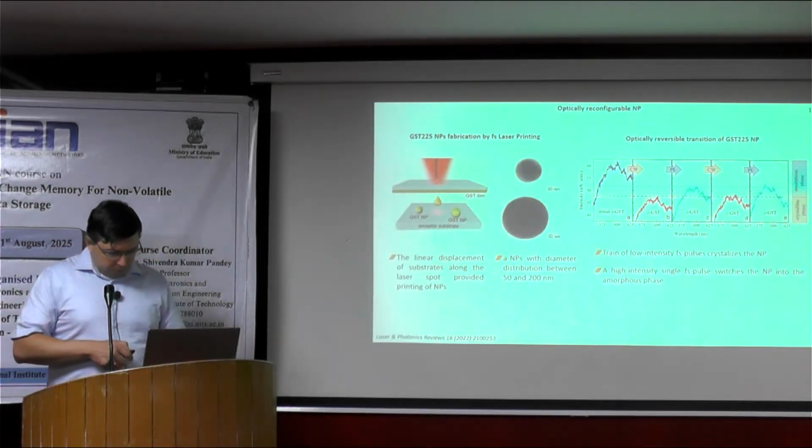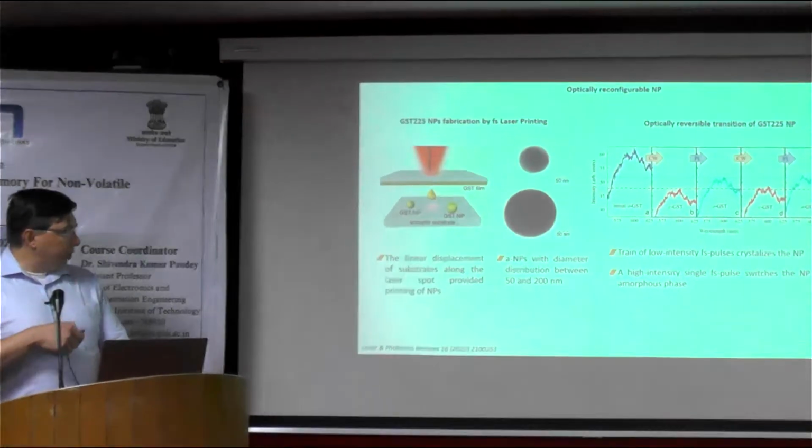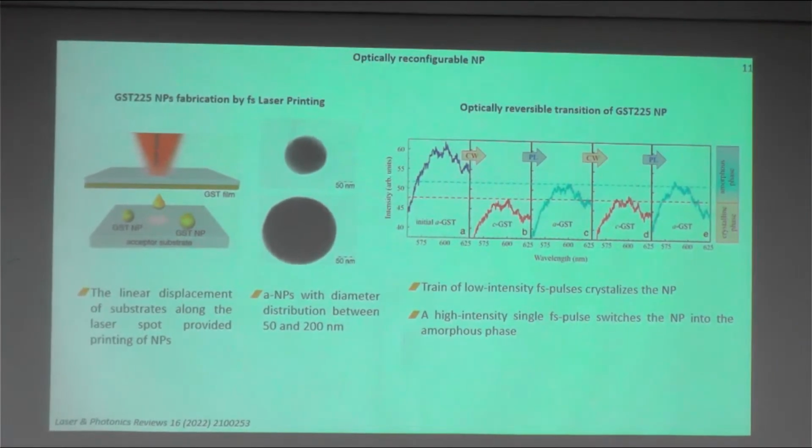There is also a report on the production of GST nanoparticles by so-called femtosecond laser printing. This is a very interesting method. It's based on a femtosecond laser, and here you have a substrate and thin film, and you irradiate your substrate from the backside, with the thin film on the top side, and then by moving this system, the laser or substrate, you can heat up and then produce drops of GST nanoparticles, and then deposit them on the substrate.